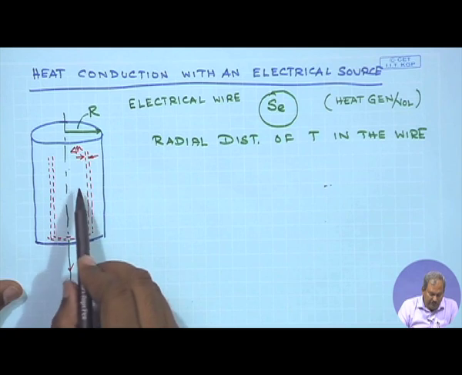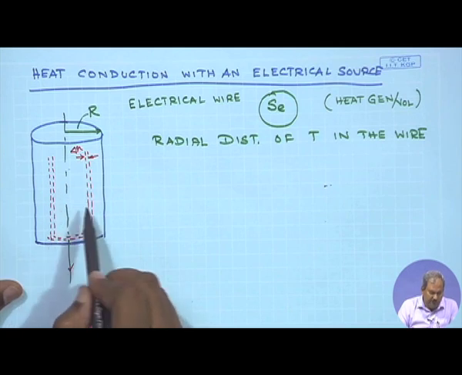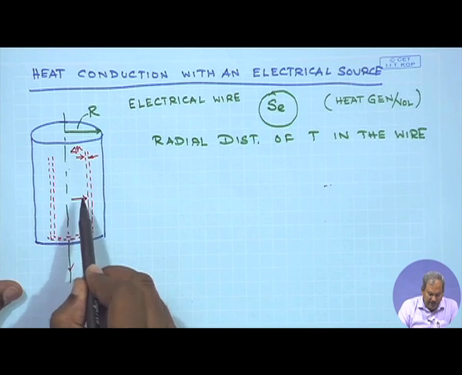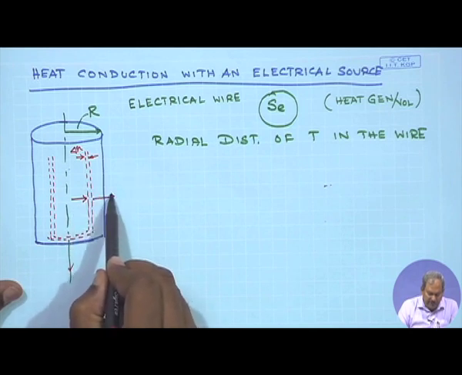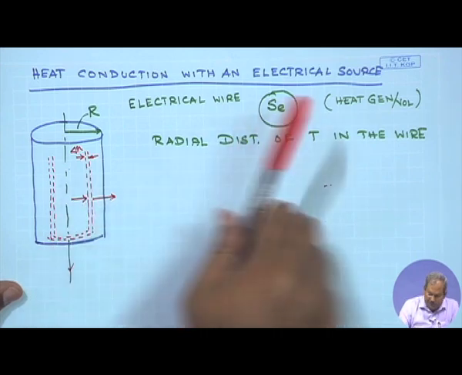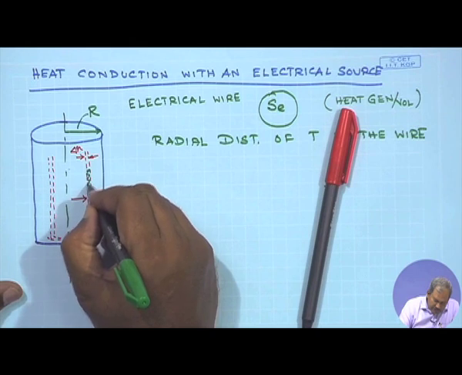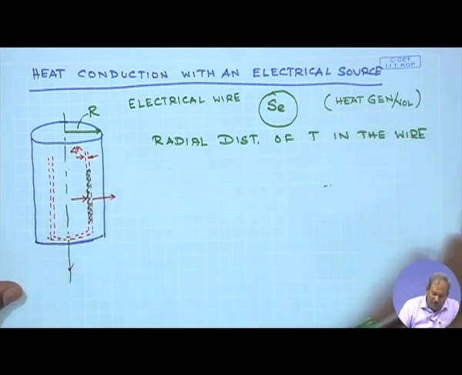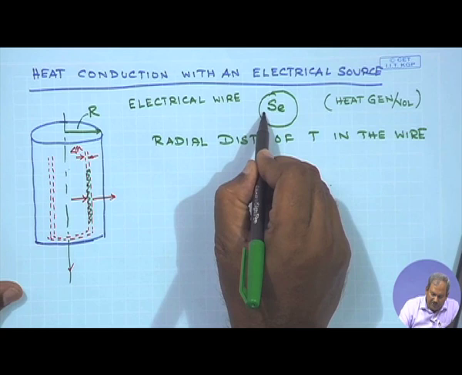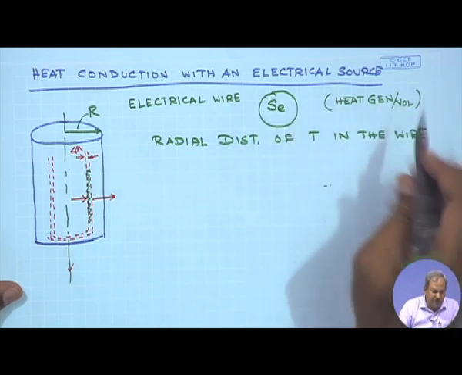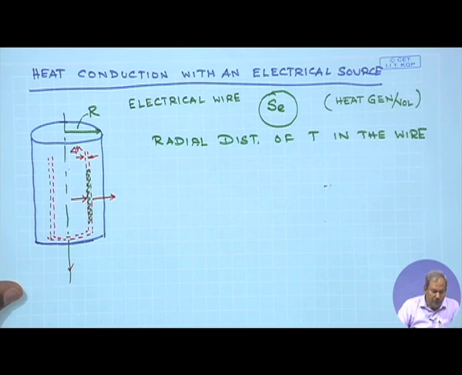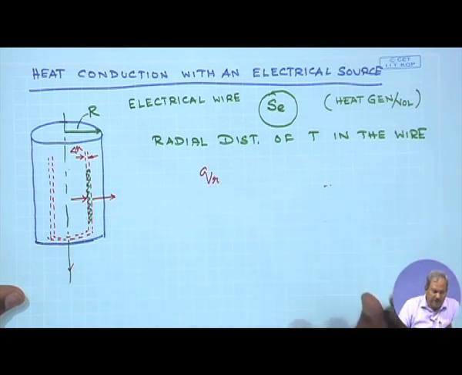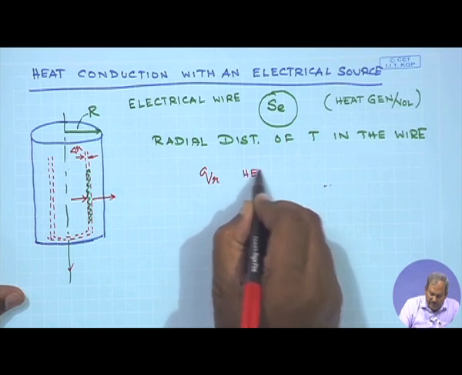If you think of this cylindrical shell, then I am going to have some amount of heat which is coming in by conduction, the heat which is going out of the shell by conduction, and some amount of heat will be generated in this control volume because of the distributed heat generation term, which is heat generation per unit volume.